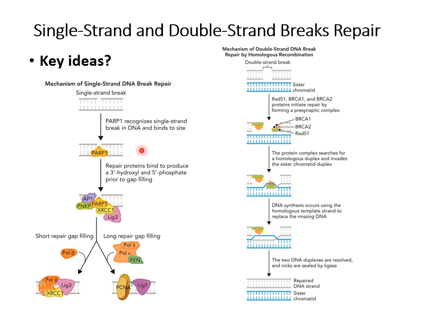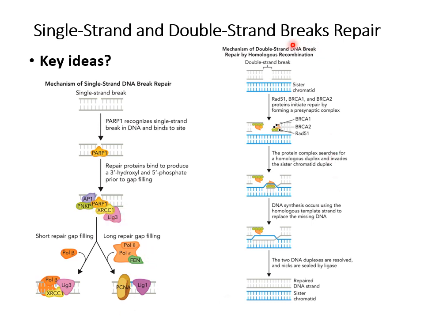But the gap remaining, what you see here is you end up having a short repair gap filling path, a long repair gap filling path, and you see some of the enzymes that we mentioned previously, things like pol delta, pol epsilon. Over here you have pol beta, and again, you constantly see that ligase has to be involved in any repair mechanism because you need to seal up the final backbone gaps that you have.